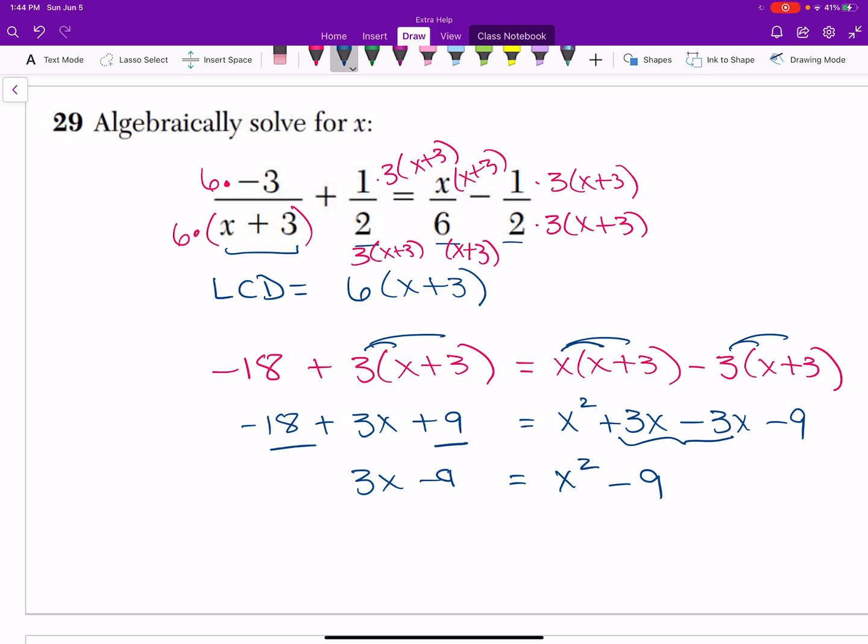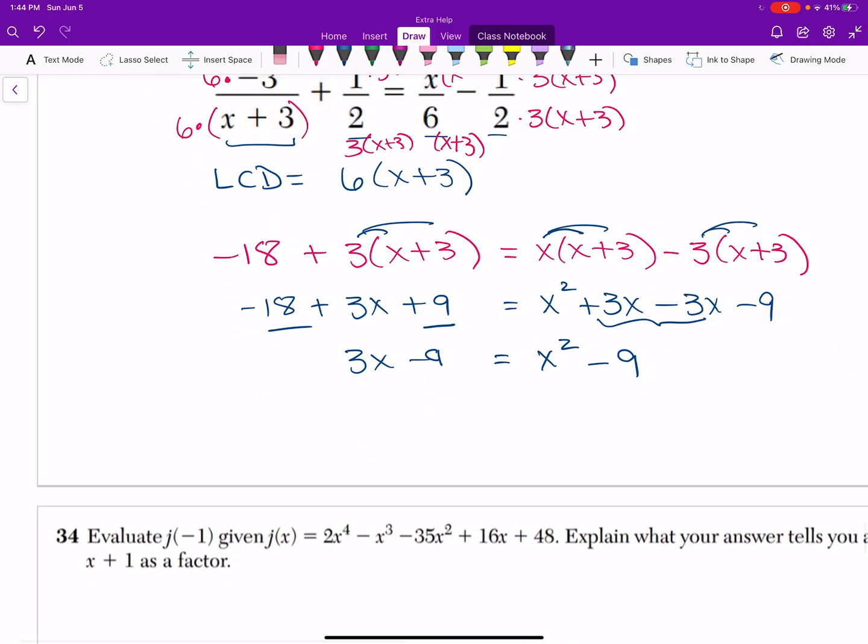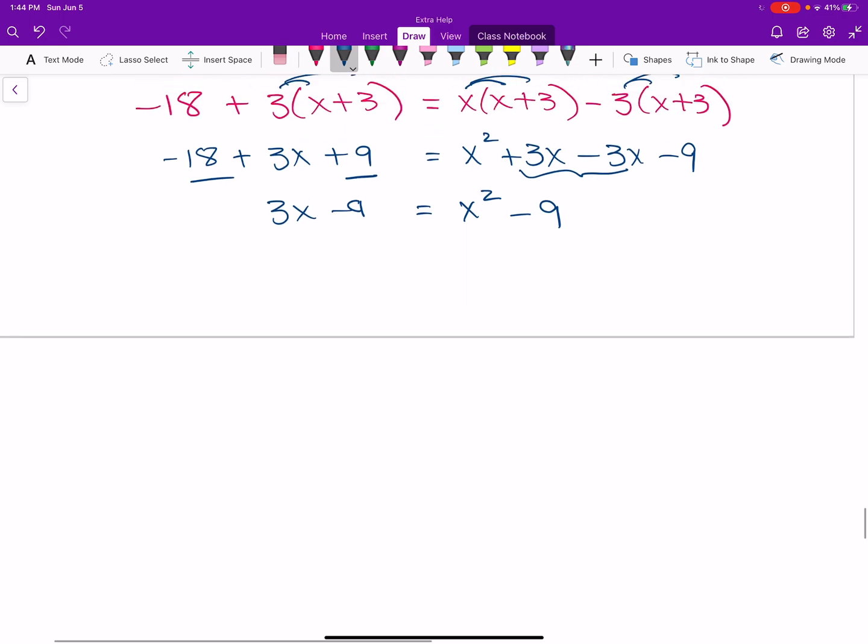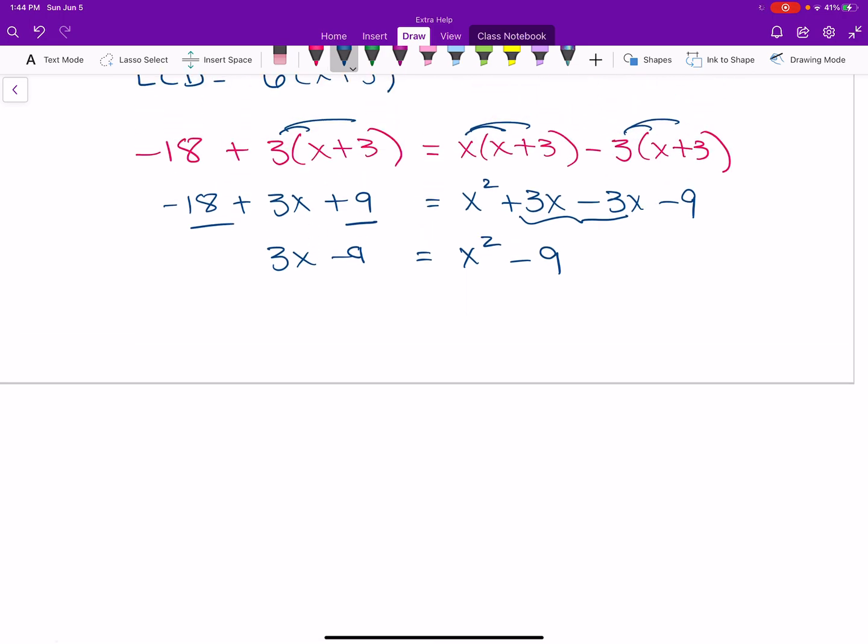Those 3x's cancel out. From there, I have something squared, so I set it equal to 0. Subtract the 3x over, add the 9. I get x squared minus 3x, and now my 9's cancel.